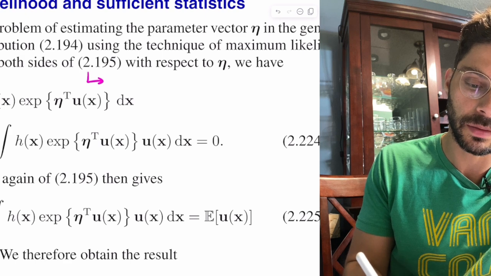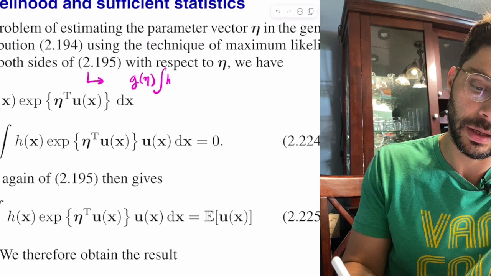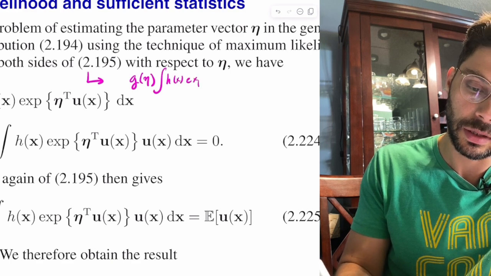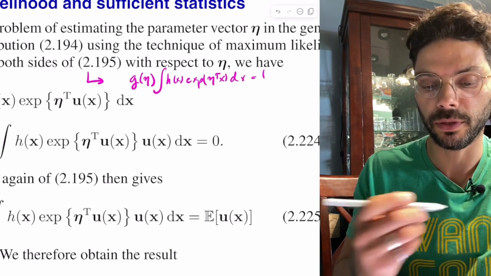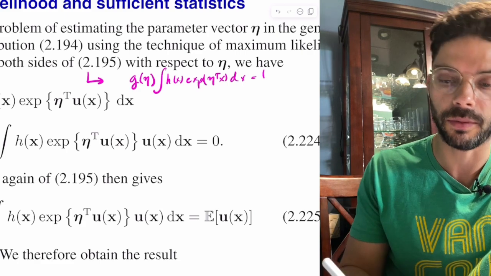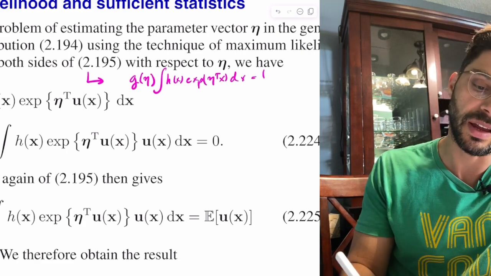That says that g of eta times the integral of h of x times exp of eta transpose u of x dx is equal to 1. Now if we differentiate both sides with respect to eta, the right-hand side is equal to 0 because it's just a constant. The left-hand side is the fun bit.